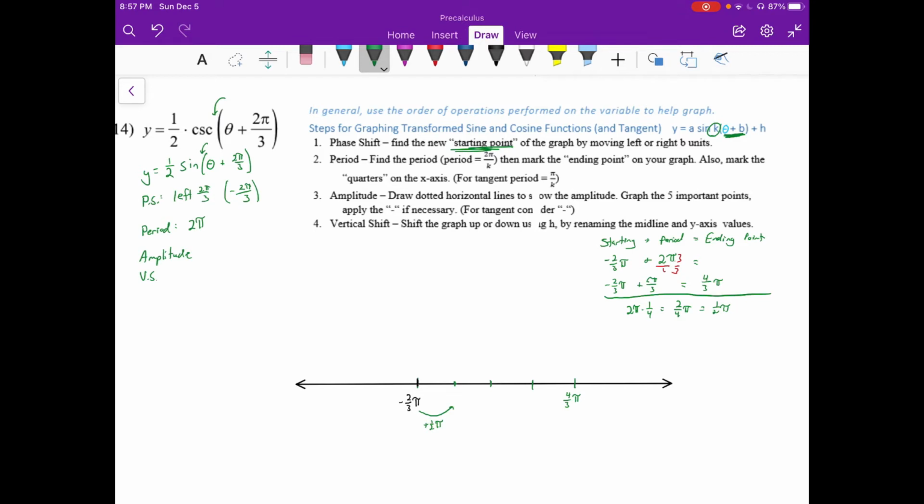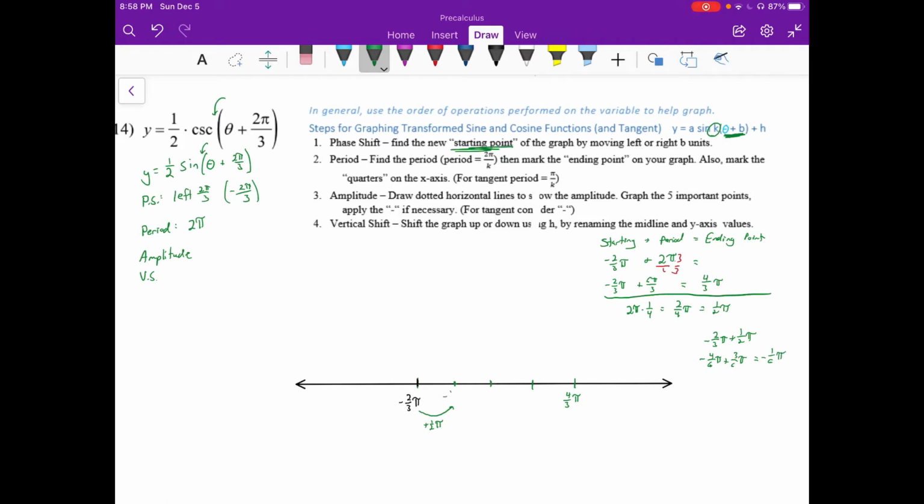So we have negative 2/3 pi plus 1/2 pi. We need a common denominator of 6, so we multiply the first part by 2. We get negative 4/6 pi plus 3/6 pi, which gives us negative 1/6 pi.